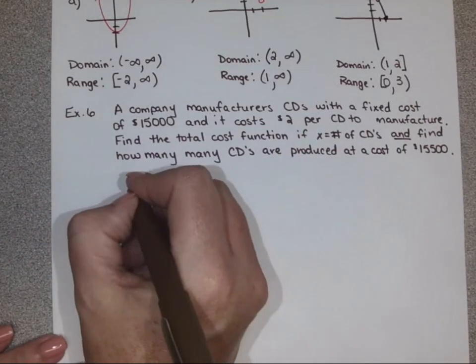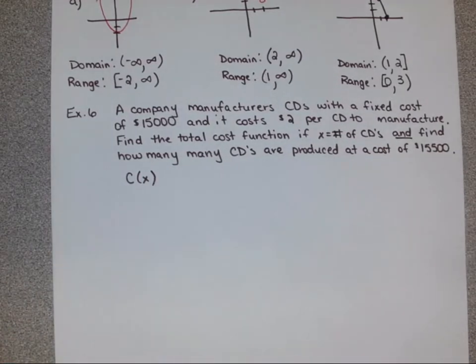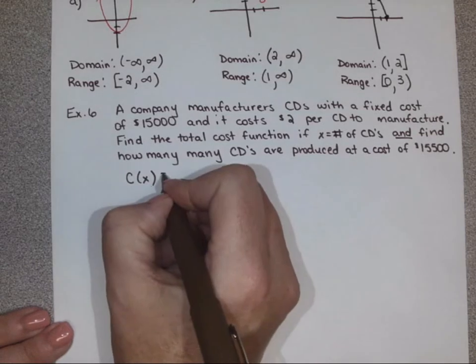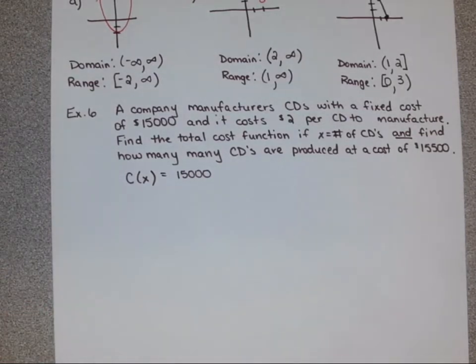So first, I'm going to call the cost C of x. So why am I not using F or G or something like that? Because C stands for what? Cost, right? So you can use whatever letter you want. Often in word problems we'll use the letter that represents what we're trying to find. So we've got C of x equals, and first I'm going to start off with the 15,000 because we already talked about that part remaining the same, right?